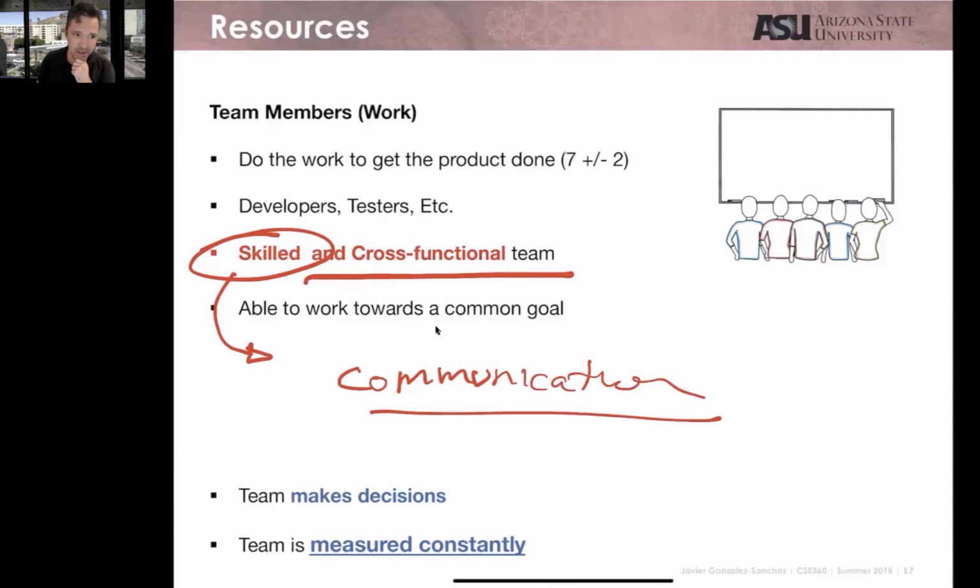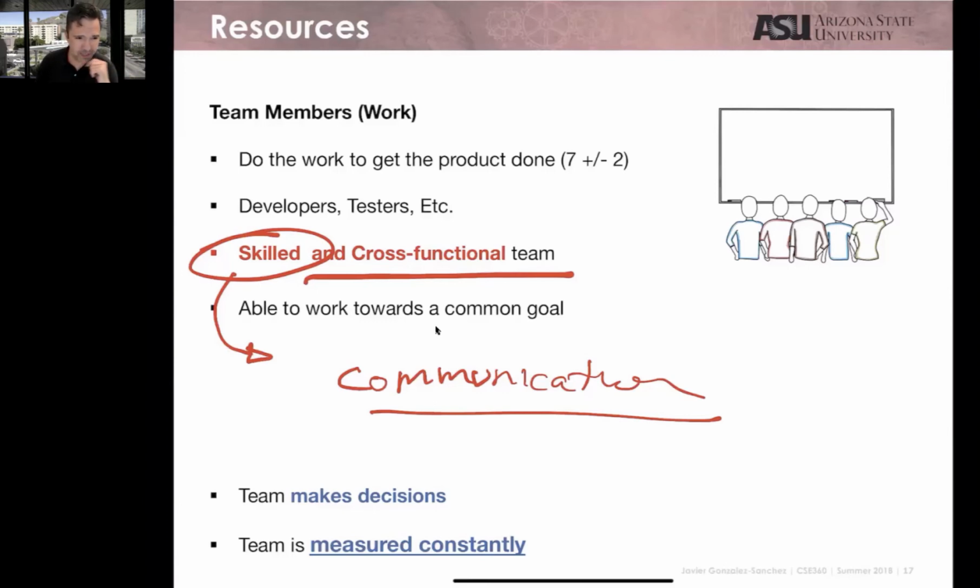Equal and authority, yes. Again, there is not a boss. There is no one person in the team that is going to tell you what to do. Think about it. You're working with a team in school. There is no one that is going to be a boss among your classmates, right? Because no one is going to like that.